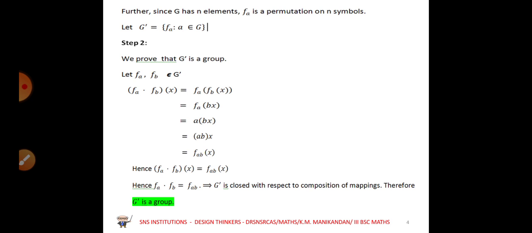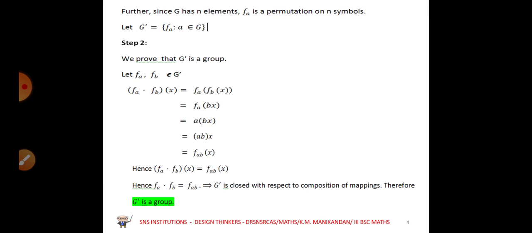So we will get FA dot FB of x is equal to FA of FB of x, but FB of x will be mapped to Bx. So FA of Bx is equal to, again by the mapping definition, A into Bx. But by the associative law, A into Bx can be written as AB into x.